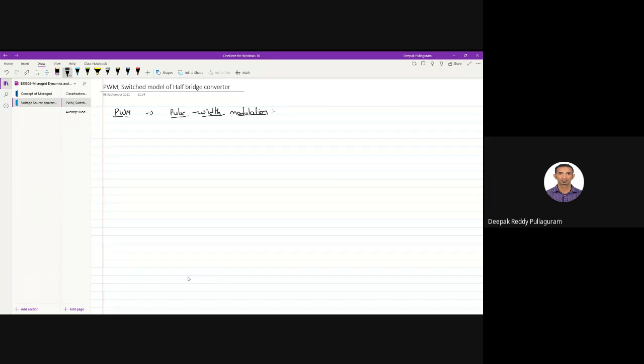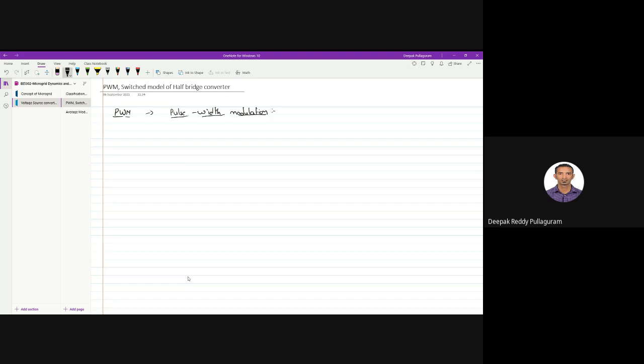In general, we have multiple methods to generate PWM. There are space vector modulation techniques, sinusoidal PWM techniques, and low frequency techniques. The hysteresis method is also there, which acts as a control and also a pulse generator. So there are multiple methods to generate the pulses to the switches.